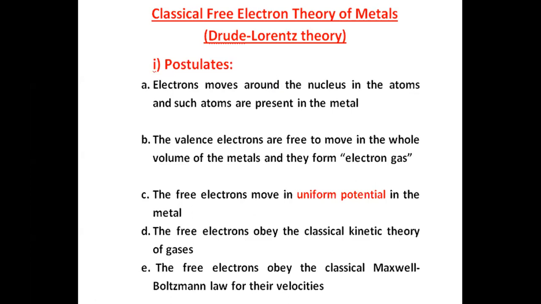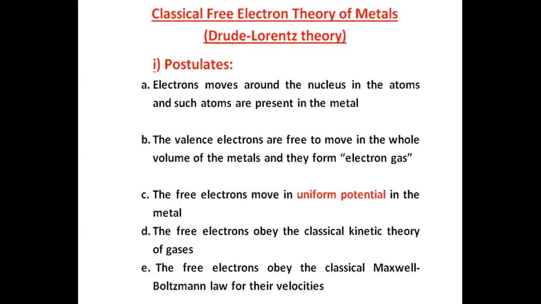Especially these postulates try to explain some of the properties of metals. The first postulate is that there are electrons which are revolving around the nucleus of atoms, and such atoms are present in the metal.